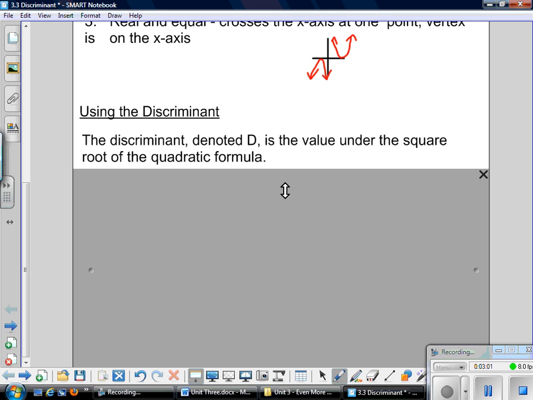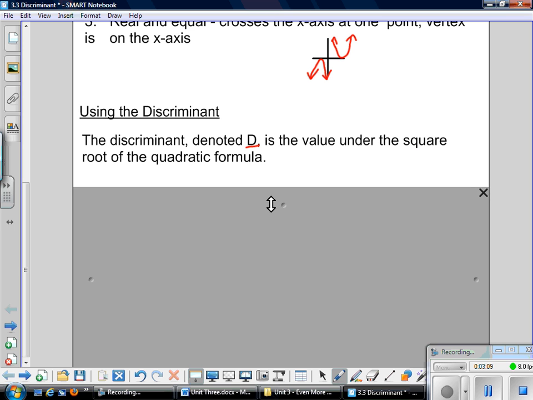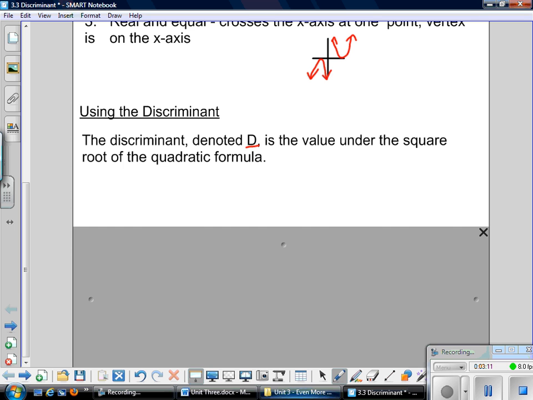So the discriminant is denoted by the letter D, is the value underneath the square root of the quadratic formula. So that would mean that it would be this. D equals b squared minus 4ac. Notice there isn't a square root around this. Okay, so this is a little mini formula called the discriminant, and it tells us a lot of information.